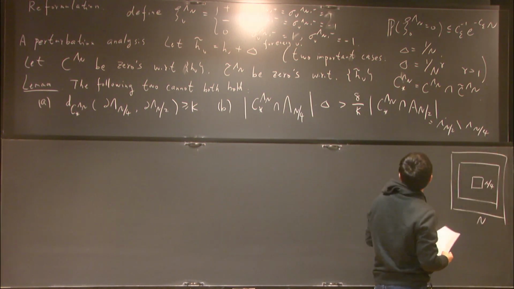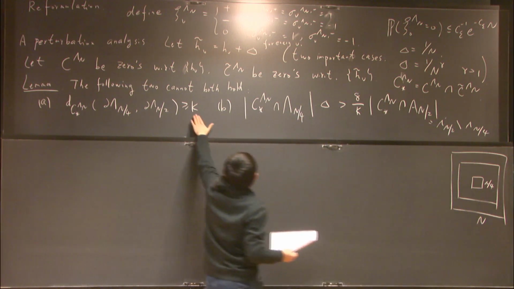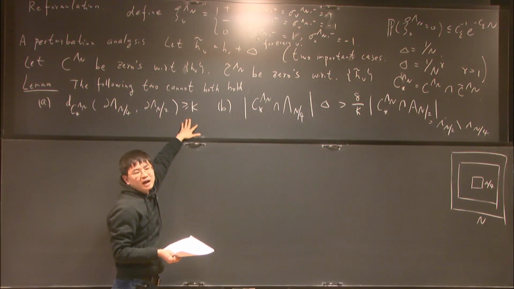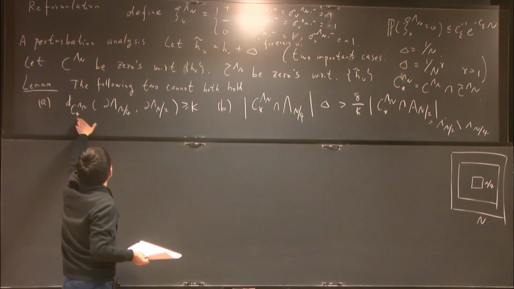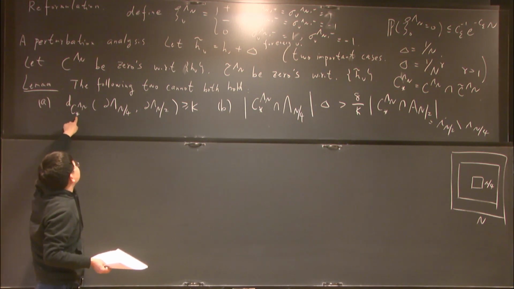Let's first consider the distance has to be larger than n, or n over 2. That's a priori, you know that. So what is this distance here? This is the intrinsic distance in the cluster, in the subgraph. It's like the shortest path of vertices in C star.